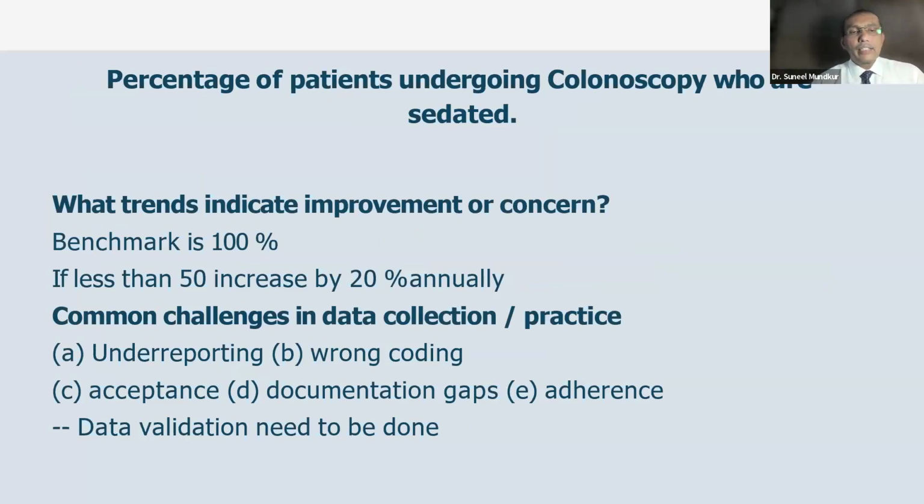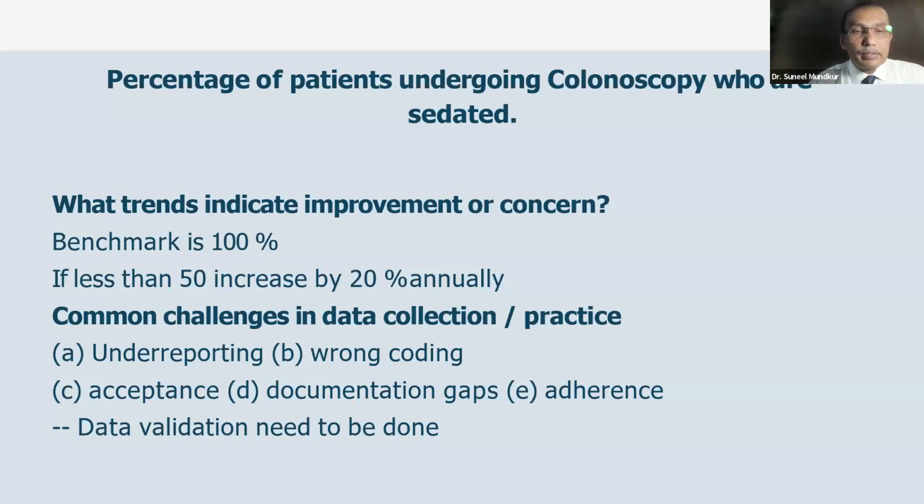Common challenges in India are underreporting and wrong coding, acceptance, documentation gaps, and adherence, and data validation needs to be done in such situations. One query I had already got from a quality coordinator was that the compliance rate is almost 0 to 10% in their hospital. When I discussed this with the pediatricians, they said that they will not write the diagnosis as bronchiolitis.